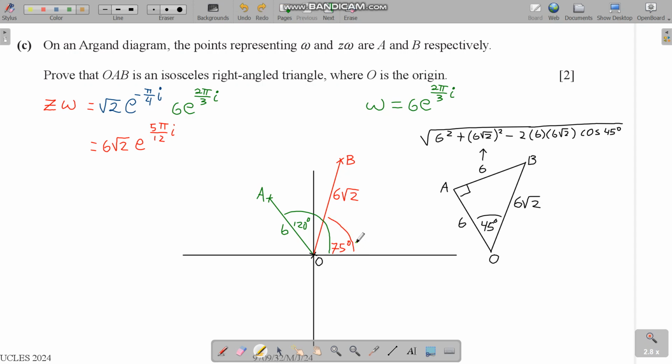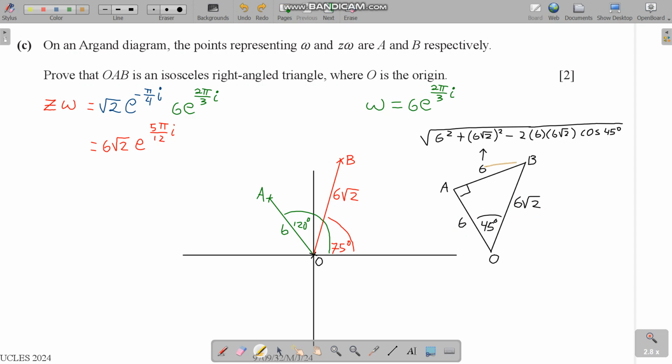For omega, it is 6e to the 2 pi over 3, so the length is 6, and this angle is 2 pi over 3, which is 120 degrees. So if you draw this triangle here, you have 6 root 2, and this angle is 120 minus 75, which is 45. You can use the cosine rule.